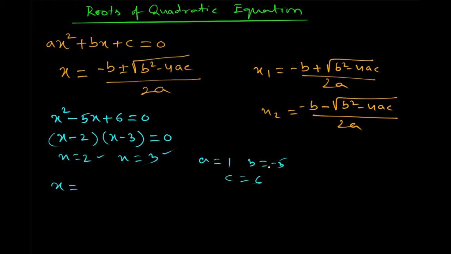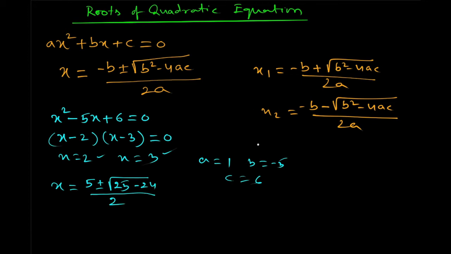x is equal to minus b, that is minus of minus 5, that is 5, plus minus root over b square, that is minus 5 squared, it is 25, minus 4ac, 4 times a is 1 and c is 6, that is minus 24, divided by 2a, a is 1, so it is 2.